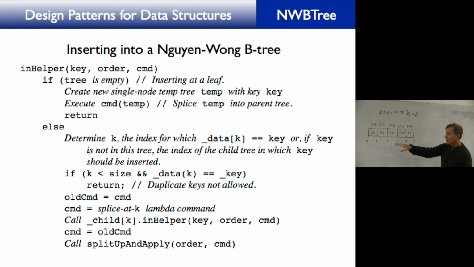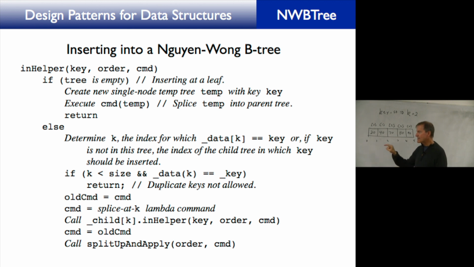And so if those keys are equal, then duplicate keys are not allowed. So all we do is we just return at this point right off the bat, because we're trying to put something in. If this were a dictionary and we had a key value pair, then we would replace the values with that key. Are you with me? So this is where we're treating these as if they were keys of a dictionary.